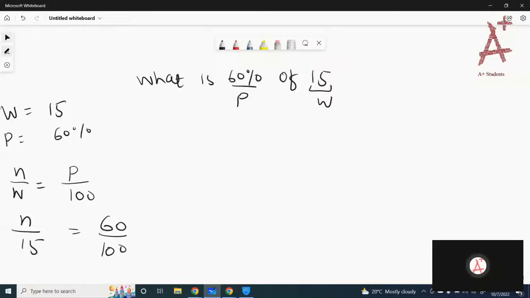That's how you form the ratio. Should I move on? Now you just have to cross multiply. Do this denominator with this numerator: n times 100, and this numerator times this denominator: 60 times 15. Got it?